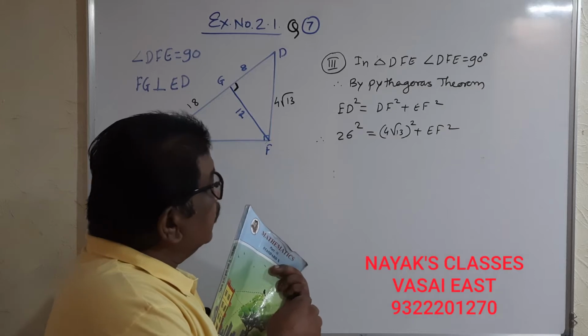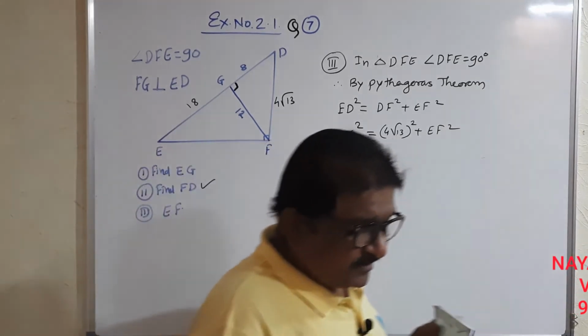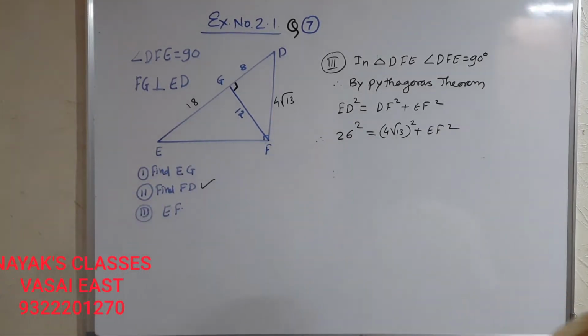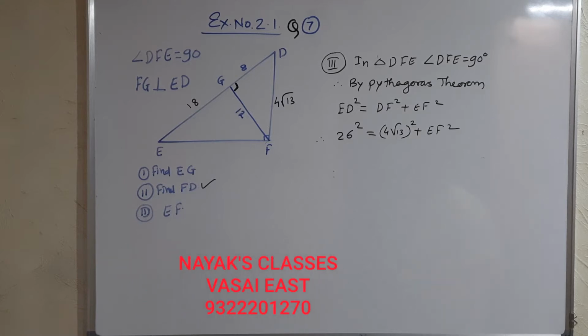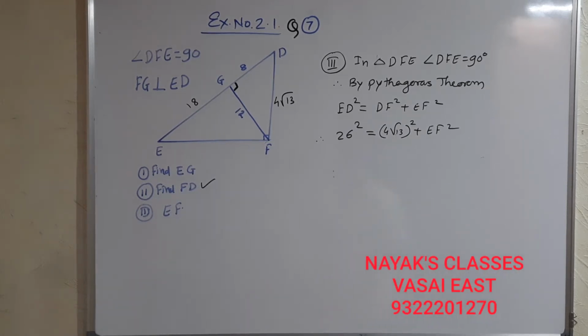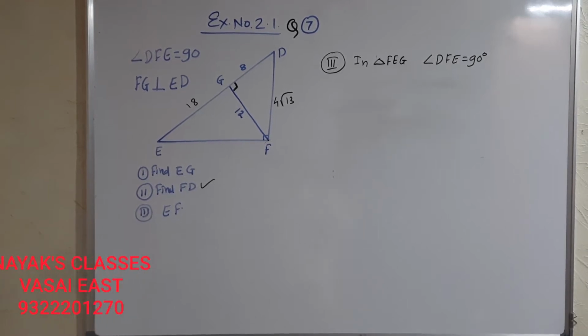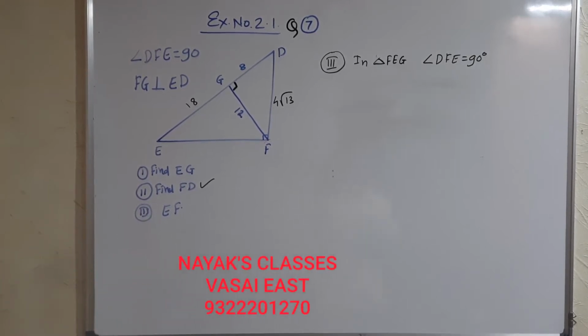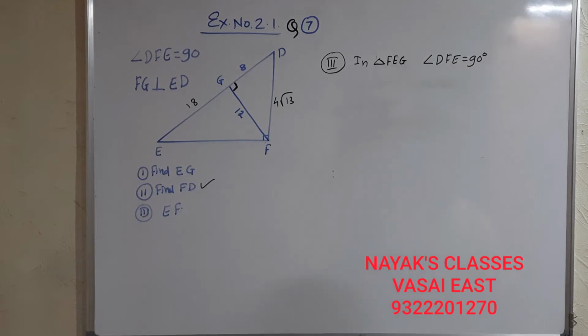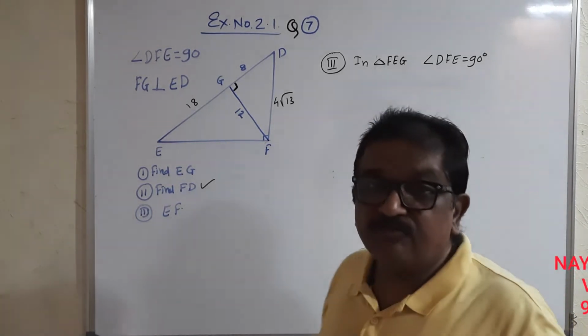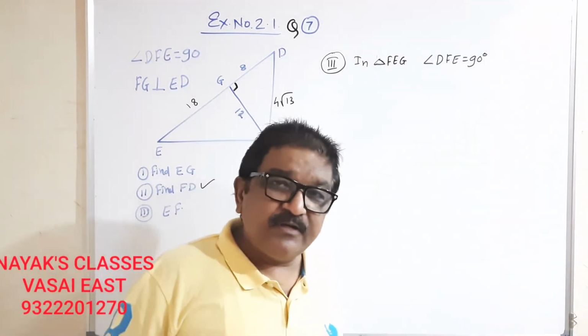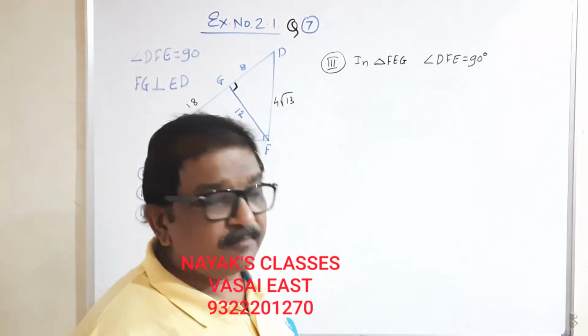So 26 square is equal to 4 root 13 the whole square plus EF the whole square. EF is unknown. So that calculation was involving some decimal numbers.